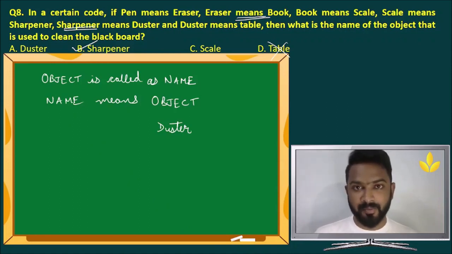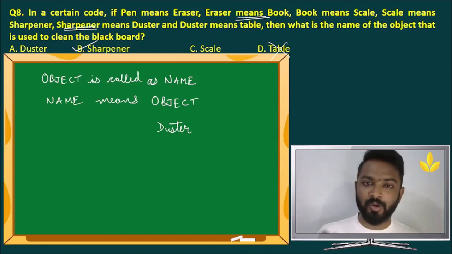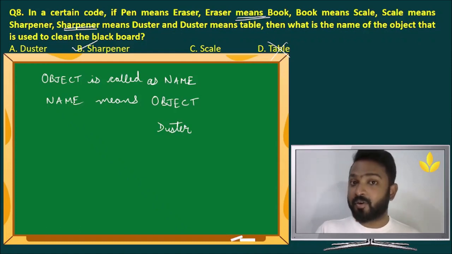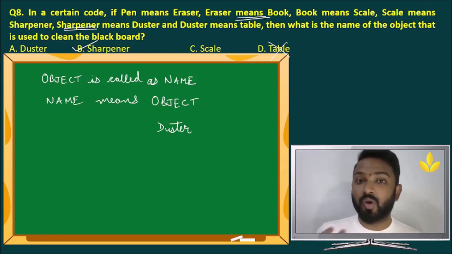And that is okay. Give yourself 1 to 1.5 minutes to get the code, to get the key. If you're not able to get it in that time, you skip the question and move on to the next question. Otherwise, you'll just keep on going into the rabbit hole and end up wasting your time. Instead, save that time and use it for other questions whose answer you already know.